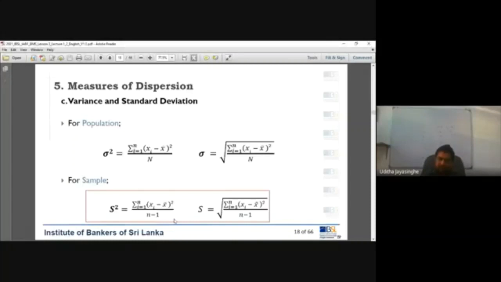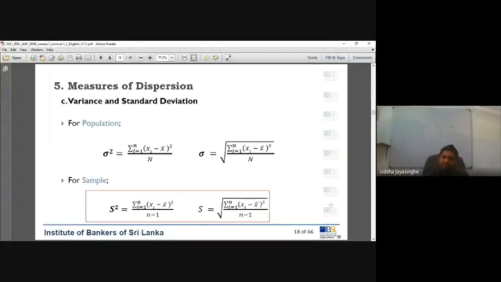There is one explanation coming from a theoretical area called degrees of freedom. One simple explanation is that if it is a population, 700 will give you a better number. But when the sample is a smaller one, if this value is a larger number, you will have a lesser value for the standard deviation and variance, which can be a wrong value.